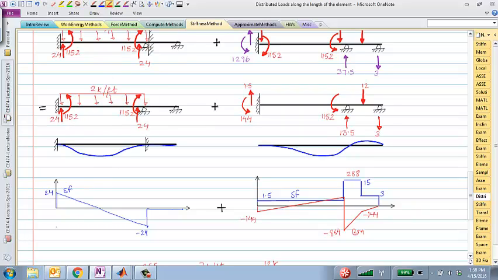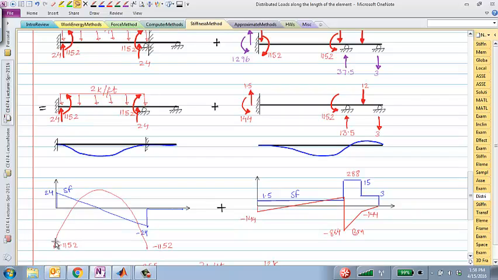So that would be something like start here and here, and it would be a parabolic bending moment diagram like this, 1152, minus 1152. And the equation for this can be easily calculated because we already know the end moments here. So minus 1152 plus 2x squared over 2, and that would be this equation.